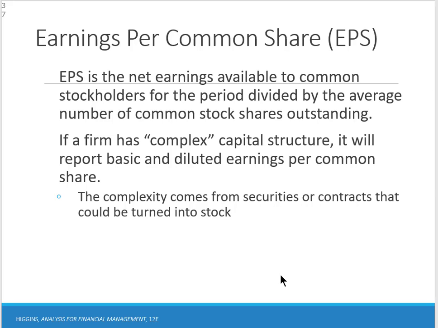So the basic earnings per share is, again, the basic number, but fully diluted earnings says, look, if all of the stocks that could be stocks were converted, what would the number be? So the fully diluted is going to give us a much more conservative profit number than the basic profit number.